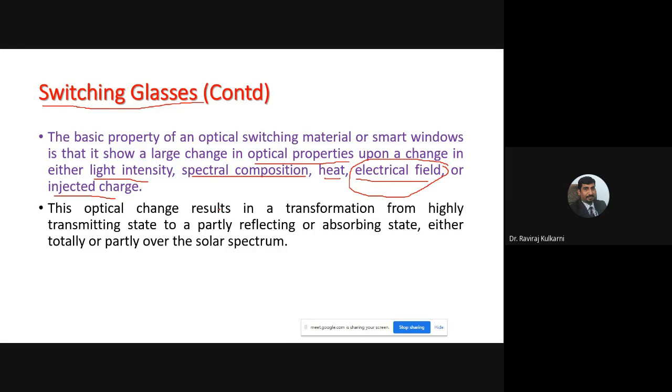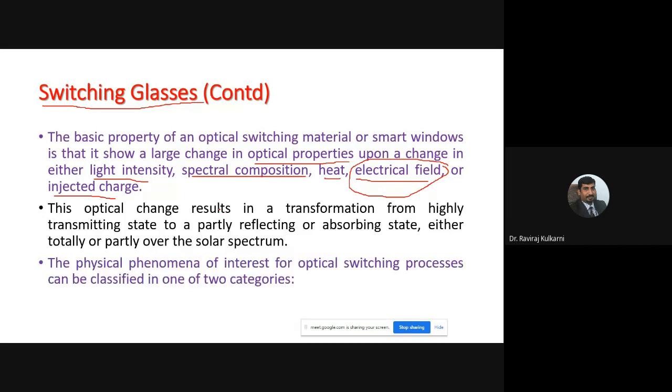Sometimes you want heat but not the light. That time it should reject only UV and visible light, not the infrared light. Is that clear to you? So it's very tricky. People are developing new kinds of switching glasses.